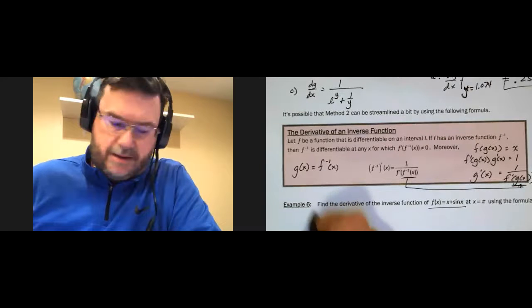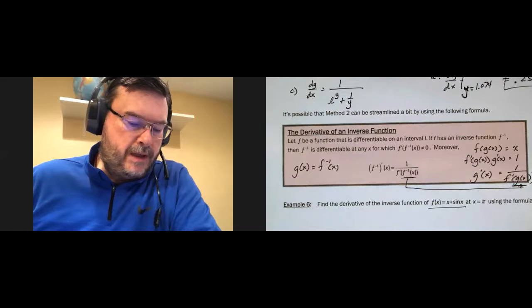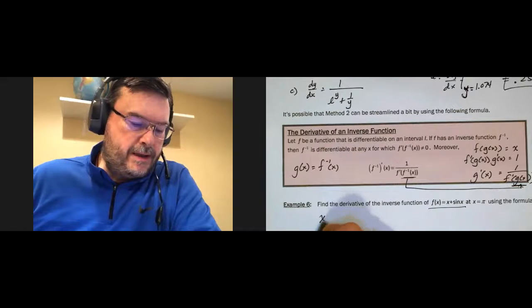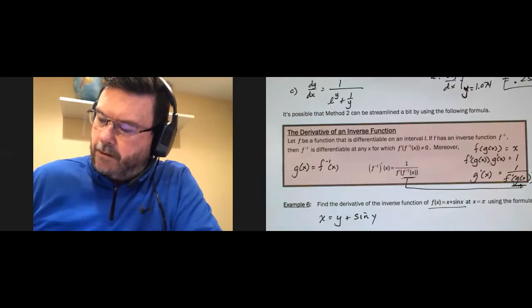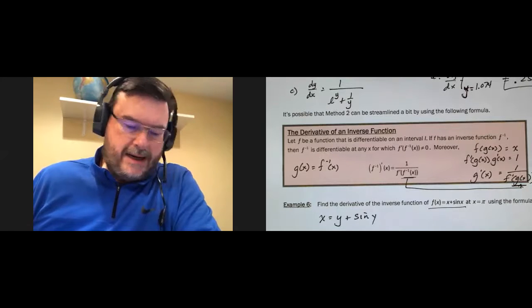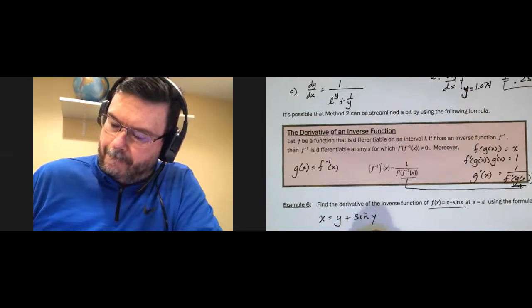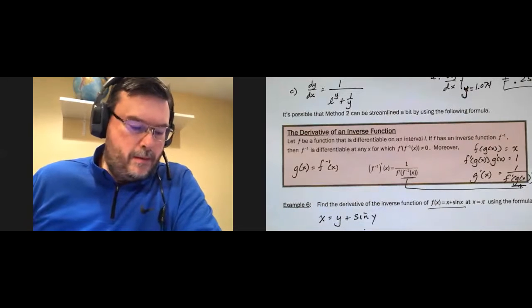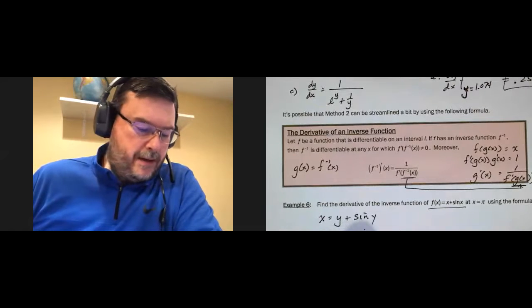All right, so first thing to do is let's use the formula. So we get x is equal to y plus sine of y. We switch x's and y's. At x equals pi, y is equal to pi.